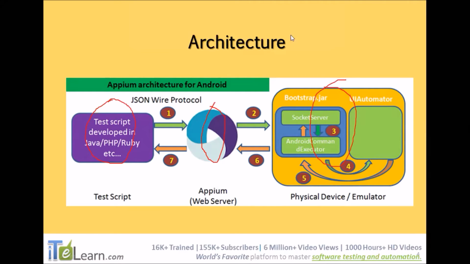Now, to talk about test scripts that are developed in Java, PHP, Ruby, Python or any other programming languages supported by Appium, they internally create an Appium driver, and they send their data in the form of JSON objects, which is based on the JSON wire protocol.